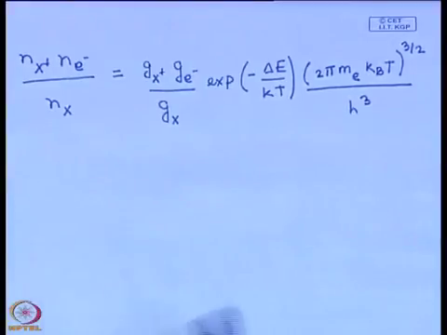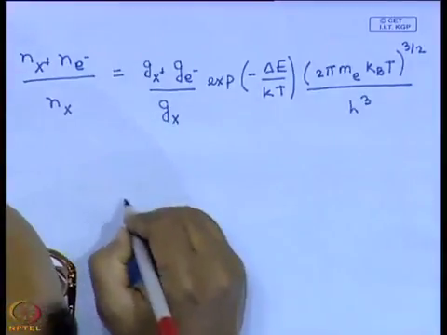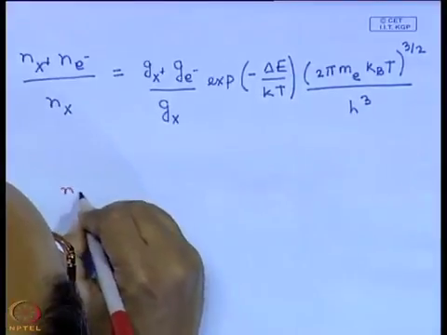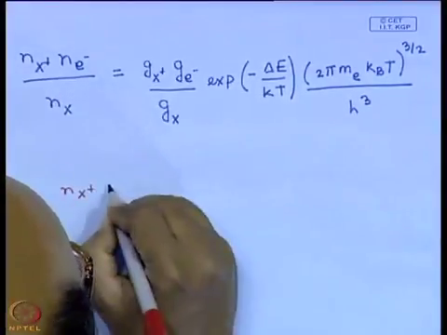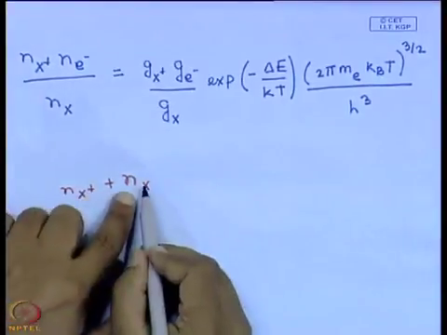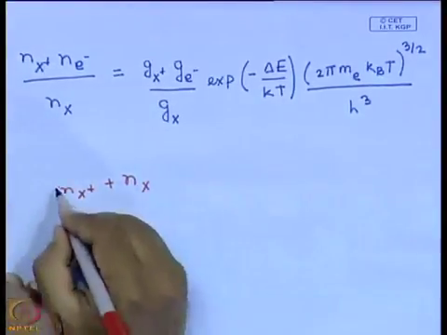Okay. The ionization fraction, let me complete this. The ionization fraction is the fraction of the total number density that is ionized. The total number density of particles is n_x plus, that is the neutral number density plus the ionized number density.